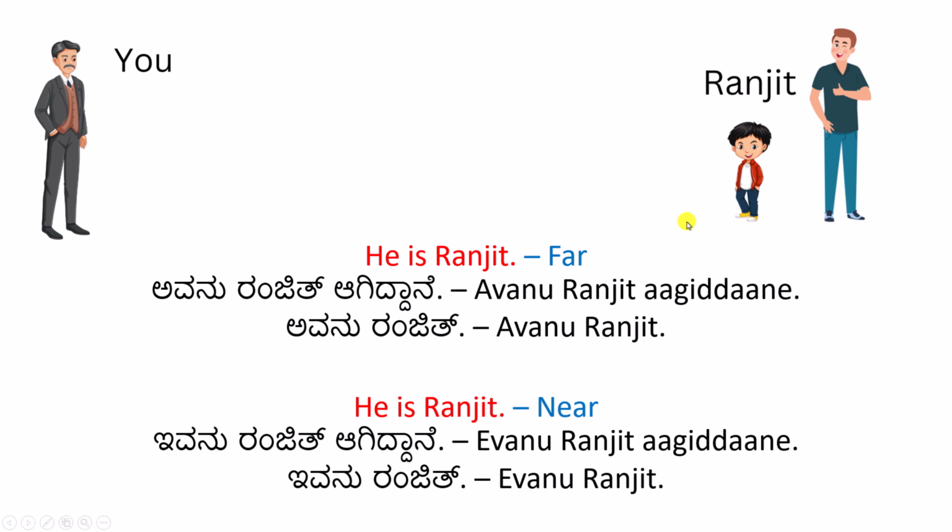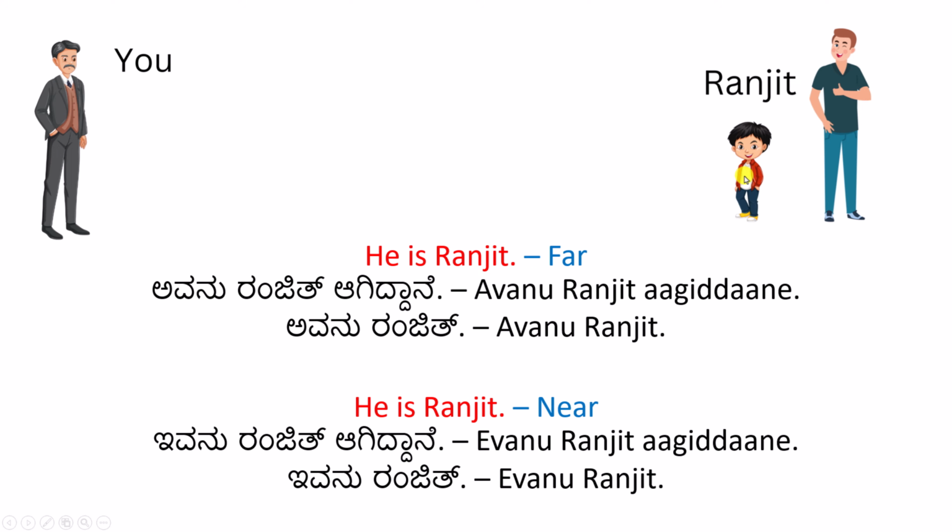Alright. Now, we use avanu and ivanu for he when the person you are referring to is younger than you or close to you. So here in this case, Ranjit is younger than you. Okay? And so you have used avanu and ivanu for he.